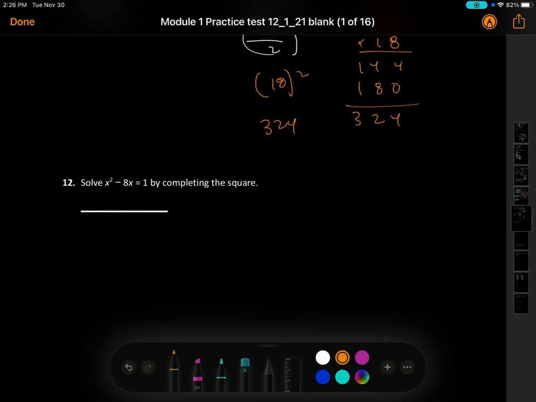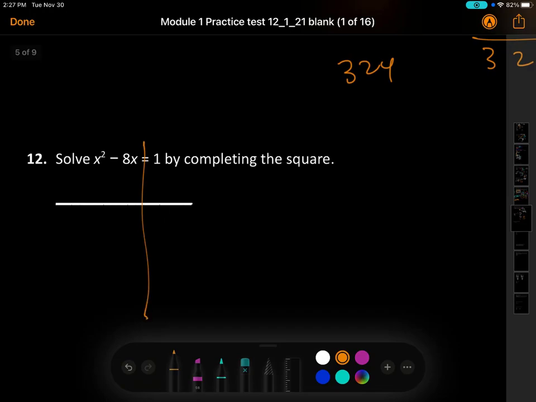Solve by completing the square. So this one, notice how it has the equal sign here. Use the same formula, b over 2 squared. This is your a, b, and if you move the c over, it would be a negative 1, but I don't need that really. So b is negative 8.